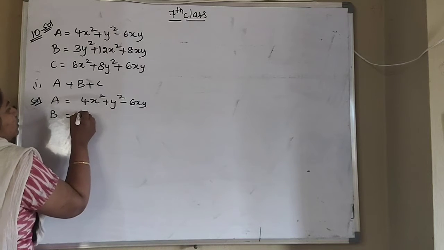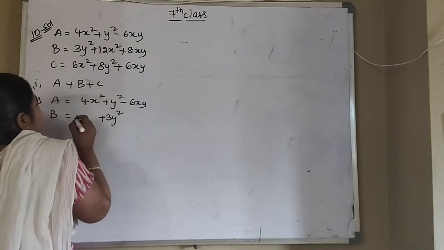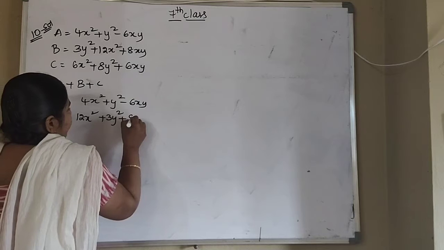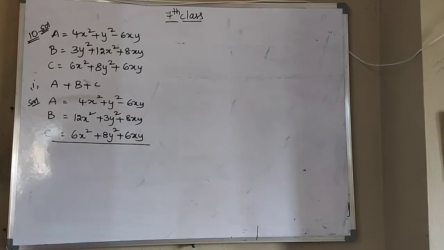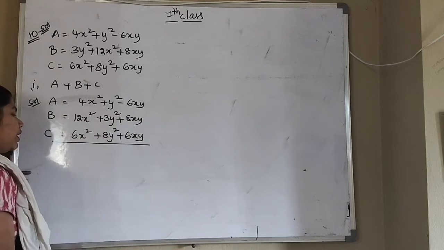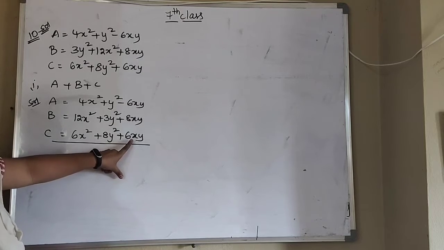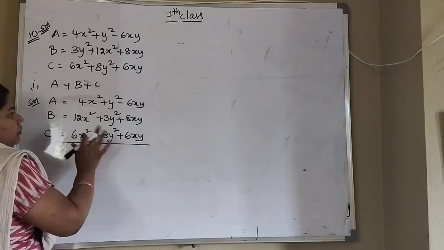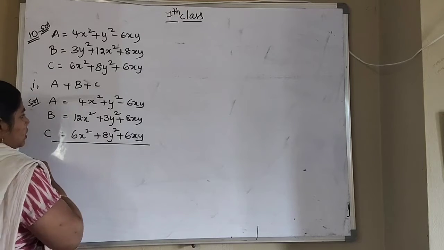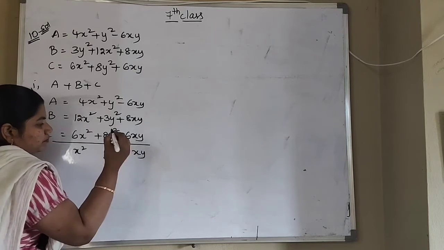B value is how much? 12x square plus 3y square plus 8xy, and C value is 6x square plus 8y square plus 6xy. So all these terms we have to add now. First write all the variables as they are: here x square, here y square, here xy.